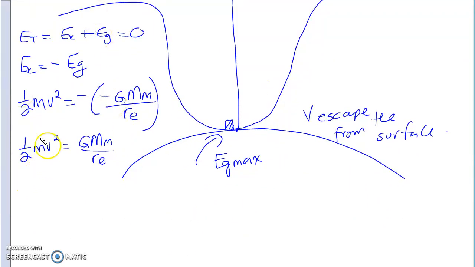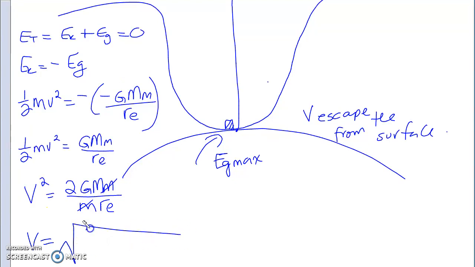Then solve for v squared: v squared equals 2 times big G, big M, small m divided by small m times RE. The small m cancels out, and you are left with V equals the square root of 2 big G big M, the mass of the Earth, divided by R of the Earth.